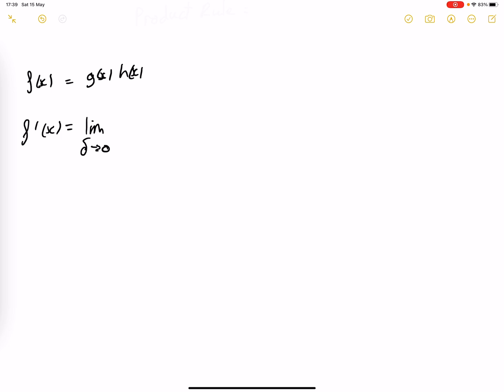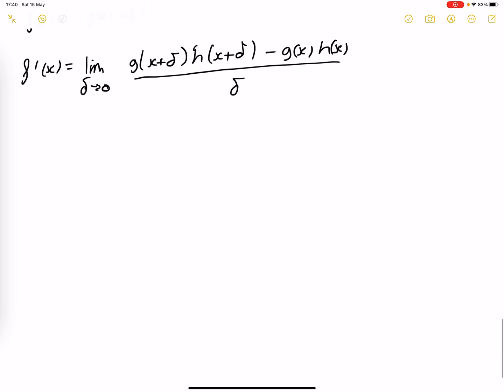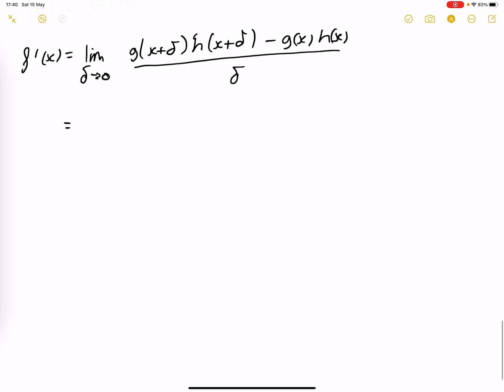So, the limit as delta tends to 0 of g of x plus delta times h of x plus delta, minus g of x h of x, over delta. Nothing really new here if you've done differentiation by first principles. If you haven't, I will cover that in more detail later on, not in this video though.